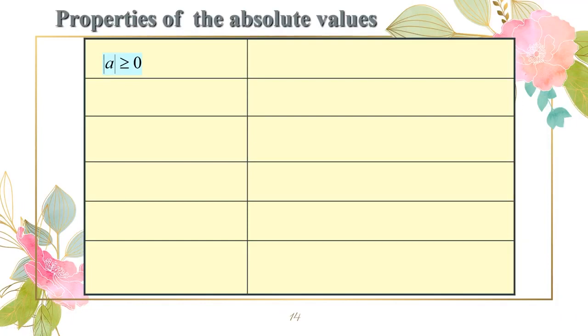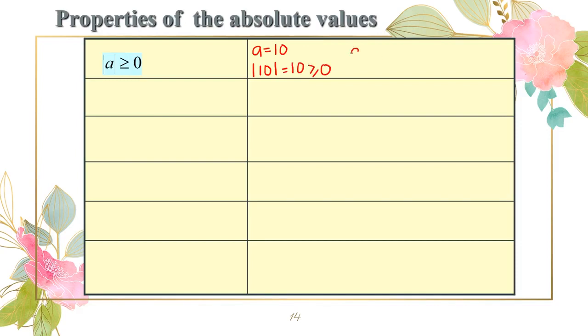Properties of the absolute values. The first one: the absolute value of a number is always positive or equal to 0. For example, if a equals 10, then the absolute value of 10 is 10, which is greater than or equal to 0.